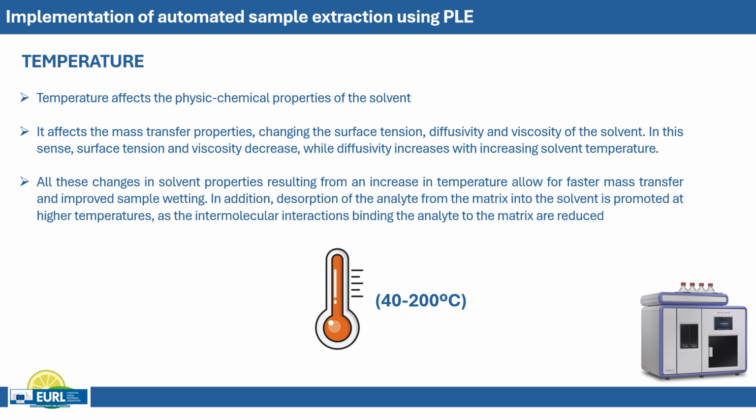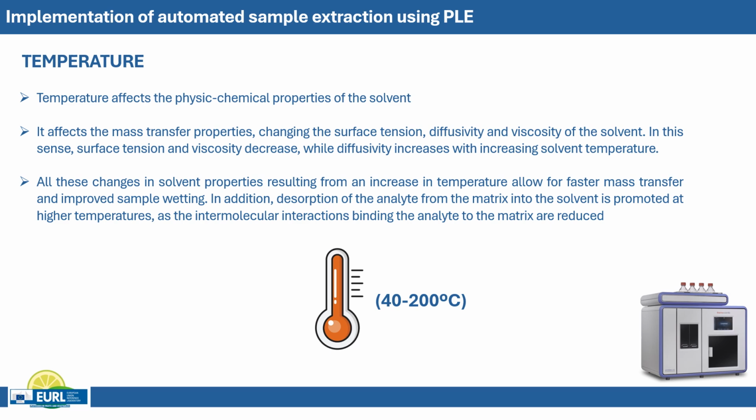Temperature affects the physicochemical properties of the solvent. It affects the mass transfer properties, changing the surface tension, diffusivity, and viscosity of the solvent. In this sense, surface tension and viscosity decrease, while diffusivity increases with increasing solvent temperature.